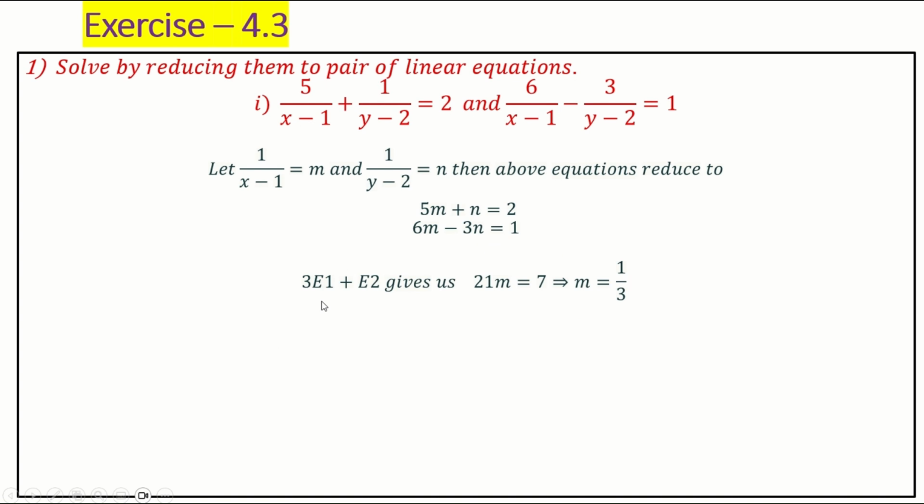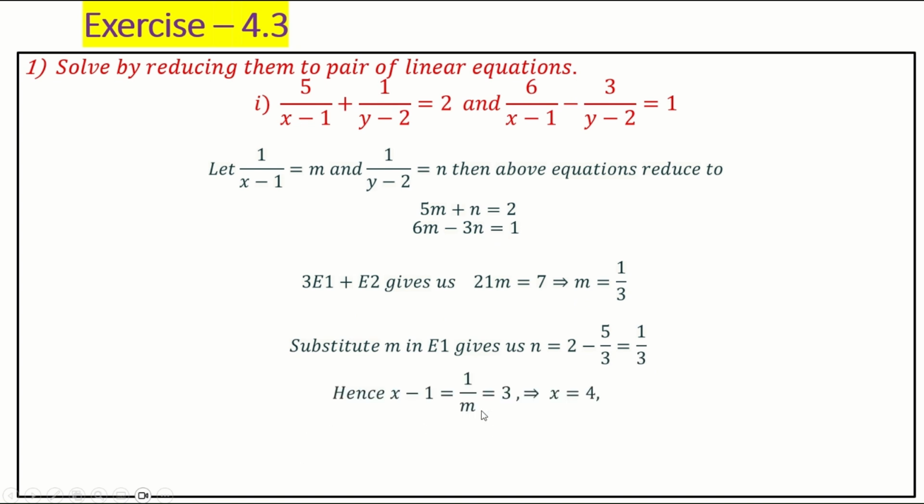Now use the elimination method, you get m equal to 1 by 3, n also equal to 1 by 3. m is nothing but 1 by x minus 1, so x minus 1 equal to 1 by m, which is 3. That means x is equal to 4 and y is equal to 5.